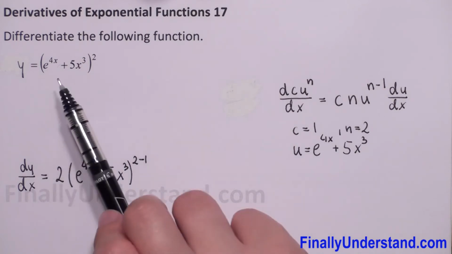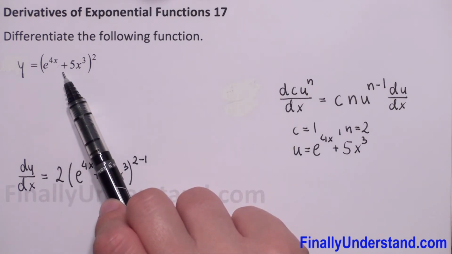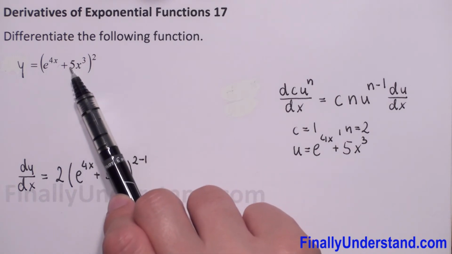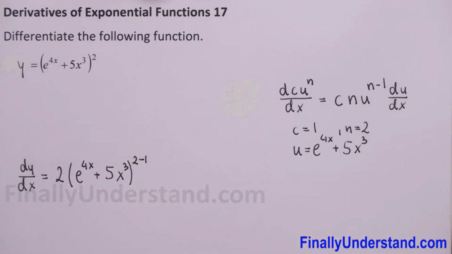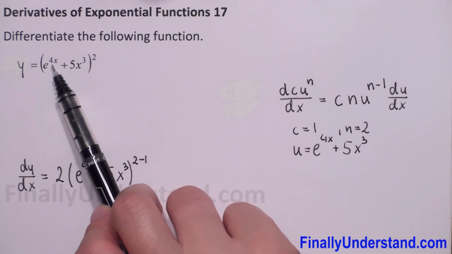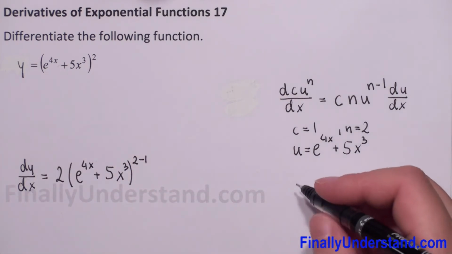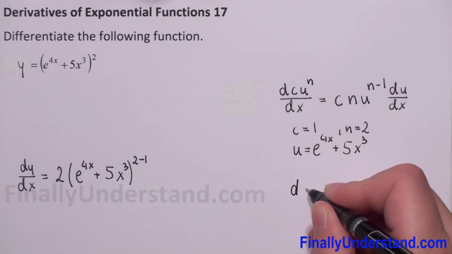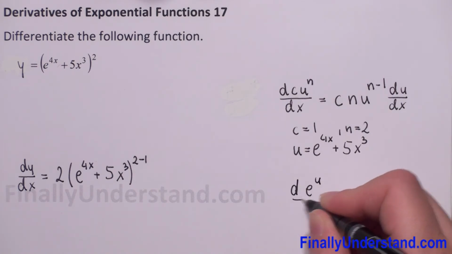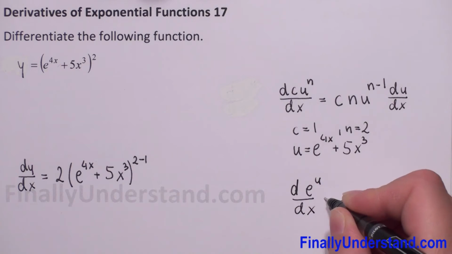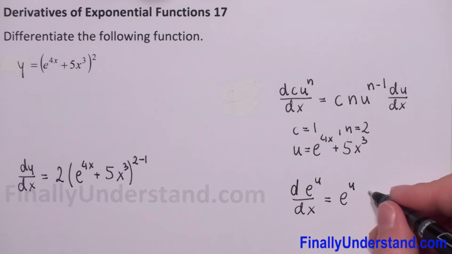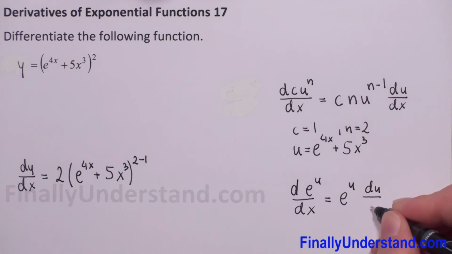We have here addition, so it means we have to find the derivative of the first expression plus the derivative of the second expression. Because we have e to power 4x, we have to use the formula: the derivative of e to power u with respect to x is equal to e to power u times the derivative of u with respect to x.